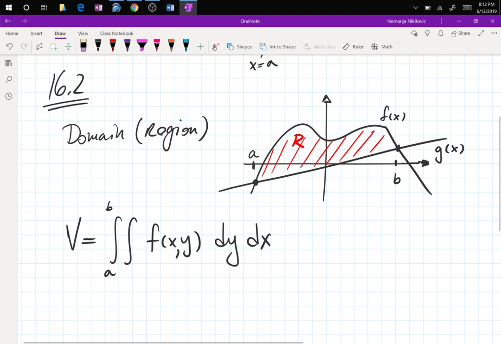Oh, I have to switch these functions to g and h. Sorry, g and h, because f is already used up. So I'm switching the functions to g and h. So the lower limit is going to be h of x, and the upper limit is going to be g of x.